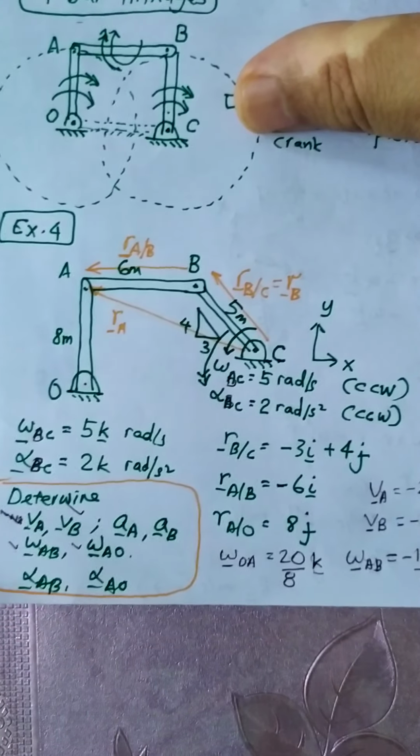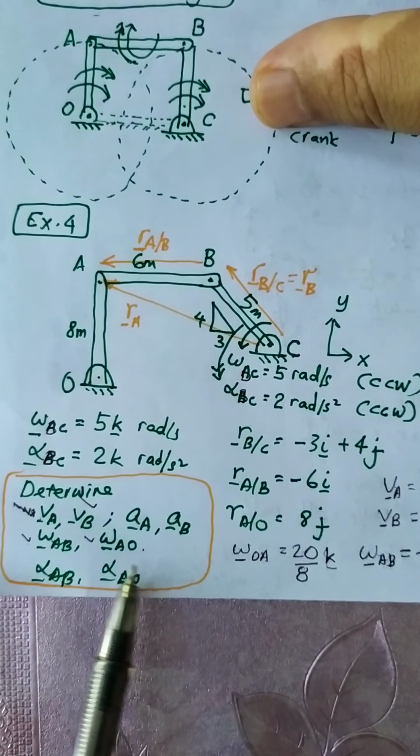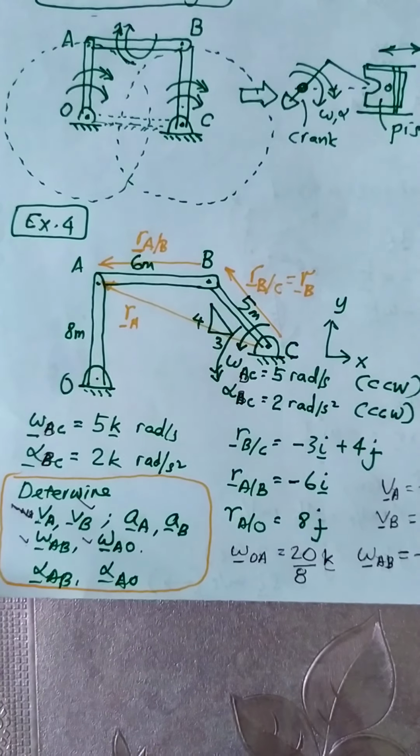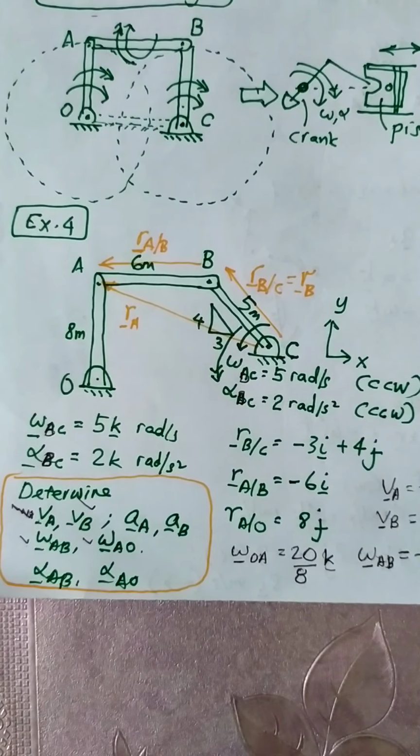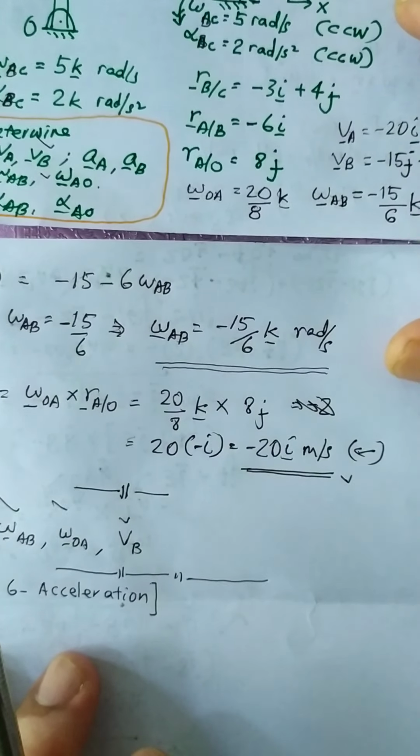So now we are ready to tackle the problem associated with the acceleration component of A and also the associated angular acceleration alpha AB and alpha OA. And let's look at what kind of equations we can use.